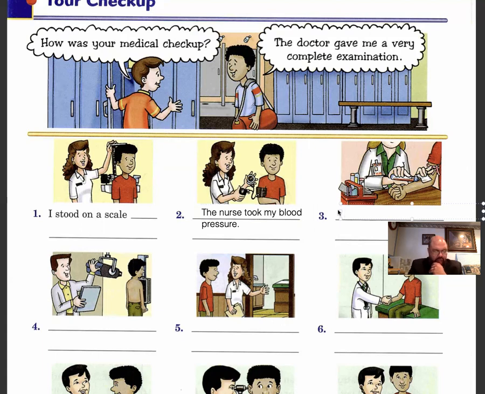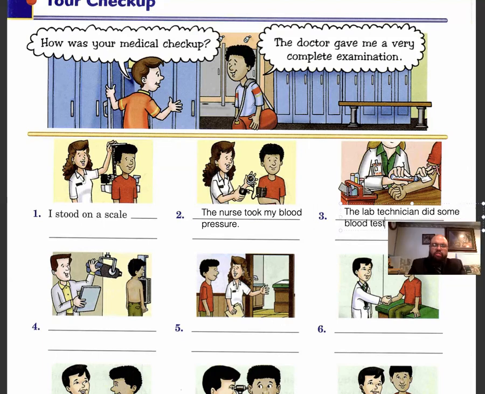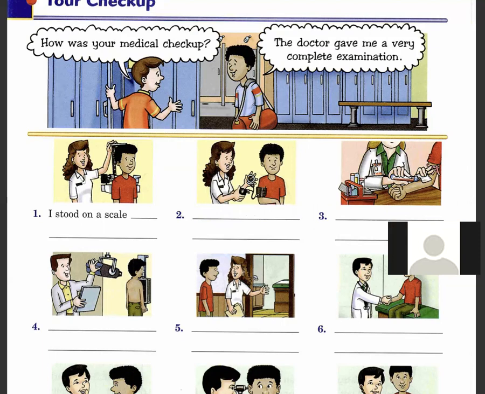And this one would say, the lab technician did some blood tests. All right. The X-ray technician took a chest X-ray. Good.